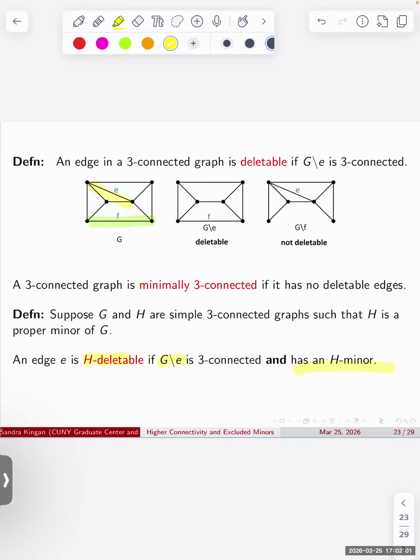It's for any H. H doesn't have to be minimally 3-connected. H could be like K6 or K10, or some other graph that is very large and not minimally 3-connected. Minimally 3-connected graphs exist only up to 3n minus 9 edges.